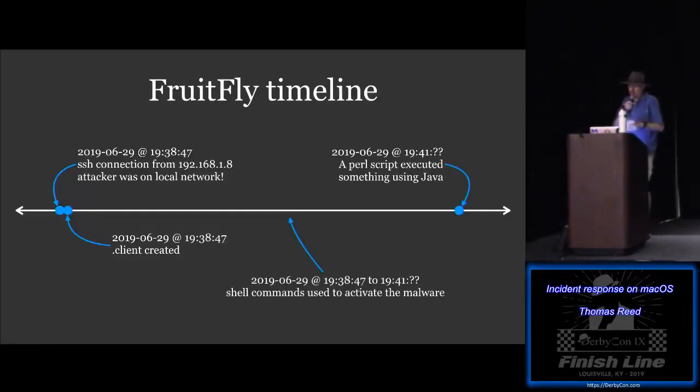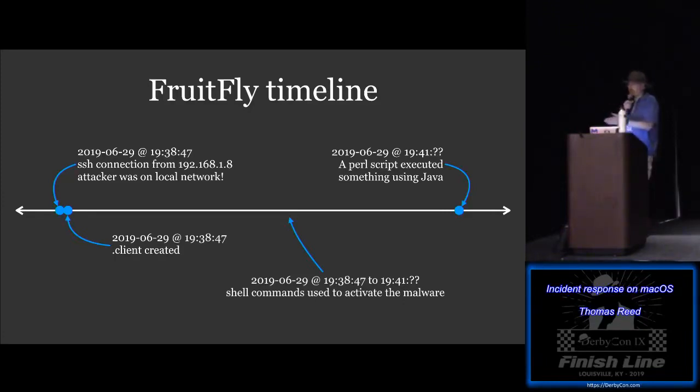So if we look at the timeline here, it's pretty simple. We see there was an SSH connection at a particular time. Shortly after that, the .client file was created. You'll see there was this interval of time during which all those commands were being executed, trying to get .client loaded and running persistently on the system.